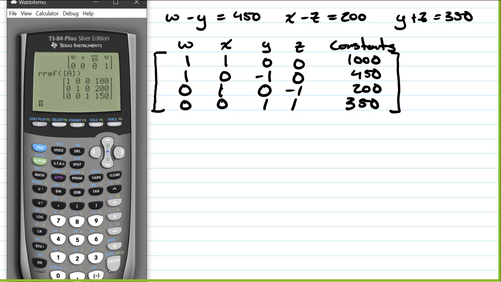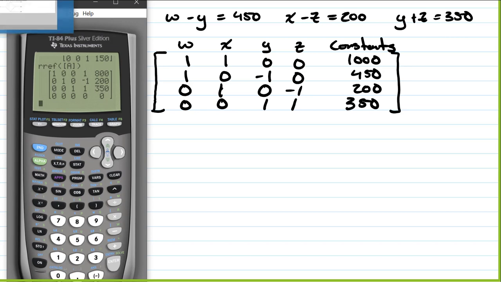Alright, and I reduce my matrix to reduced row echelon form and get something that looks like this.